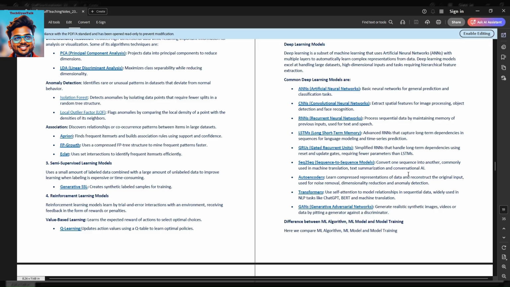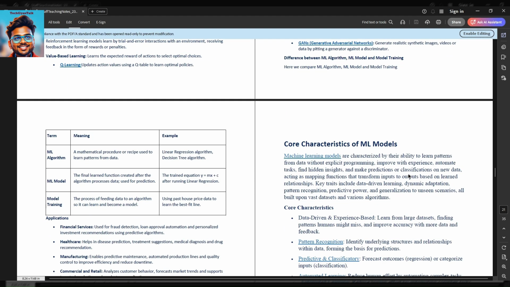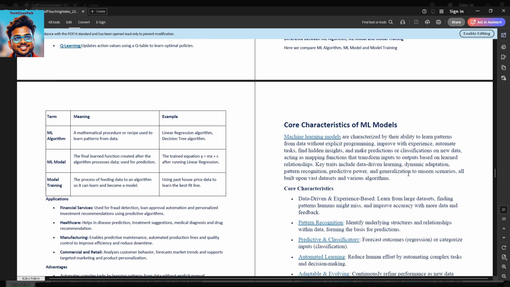Differences between ML algorithms, ML models, and ML training. So what is an ML algorithm? It is a mathematical procedure or recipe used to learn patterns from data. Examples are the linear regression algorithm and decision tree algorithm.